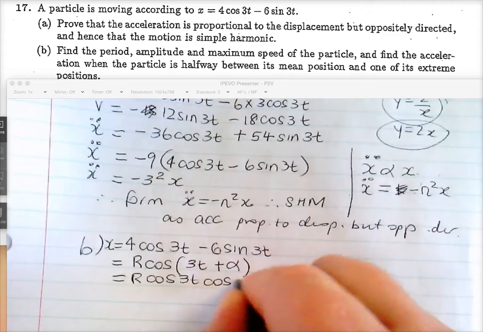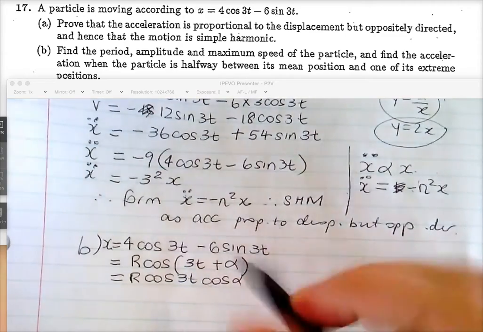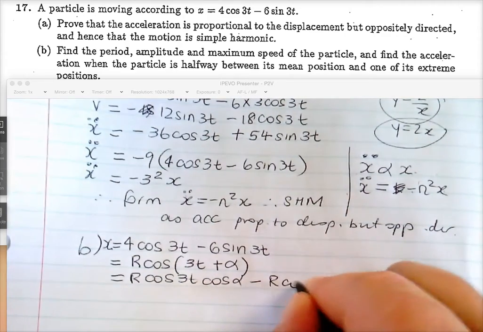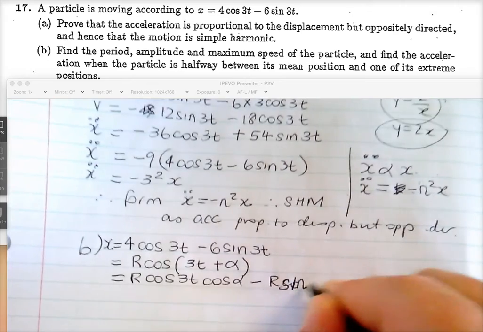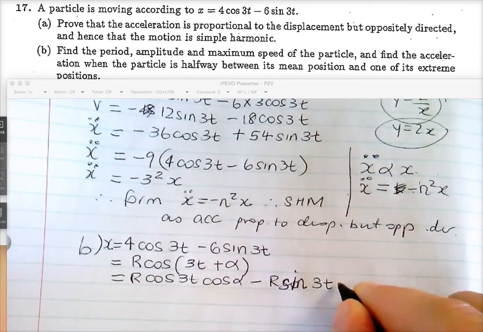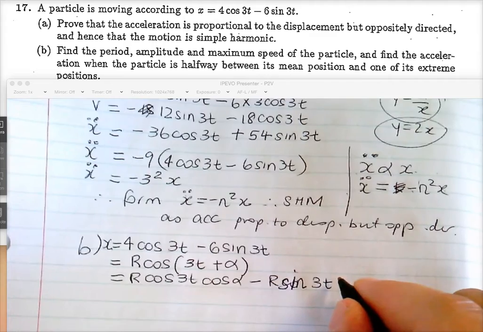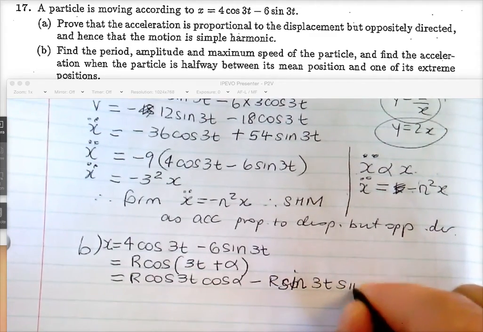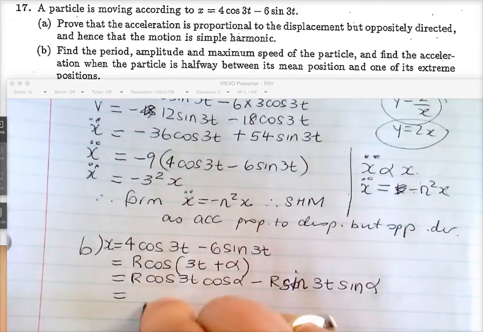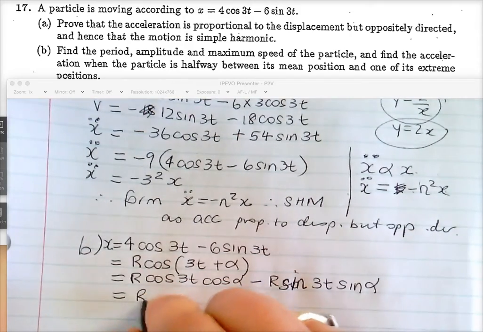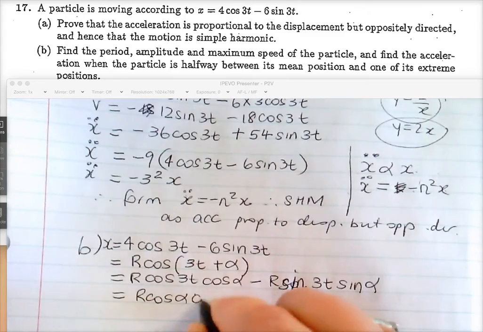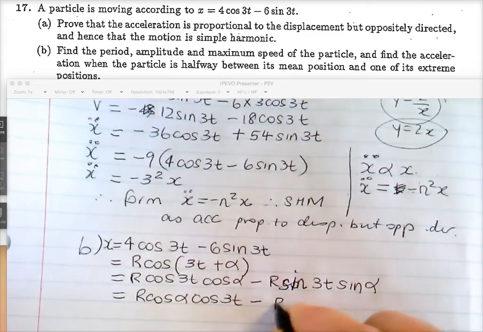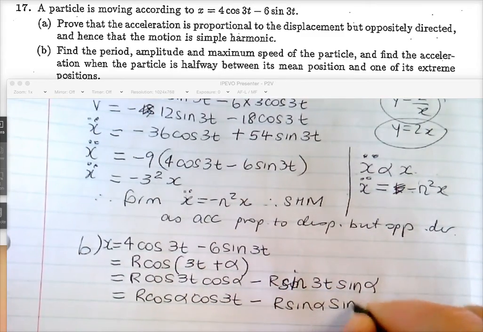So R cos 3t cos alpha minus R sine 3t sine alpha. I don't like to use it, you could, I suppose, if you can remember it. Remember we swapped them around: R cos alpha cos 3t minus R sine alpha sine 3t.